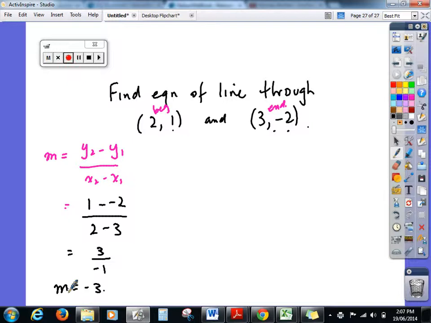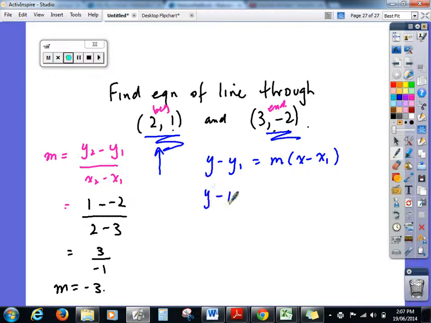And finally, we're just going to use the point gradient form. So y minus y1 equals m(x minus x1). And we just got to use any single one of the points. We could use this point, or we could use this point. It doesn't matter. Just choose the simplest one. This one here looks nice and simple because it's got no negatives, so let's use that one.